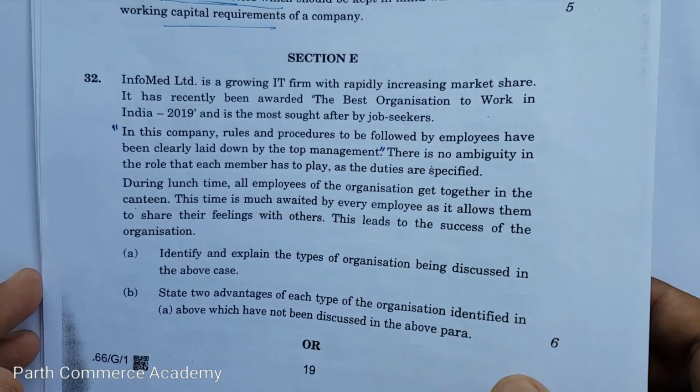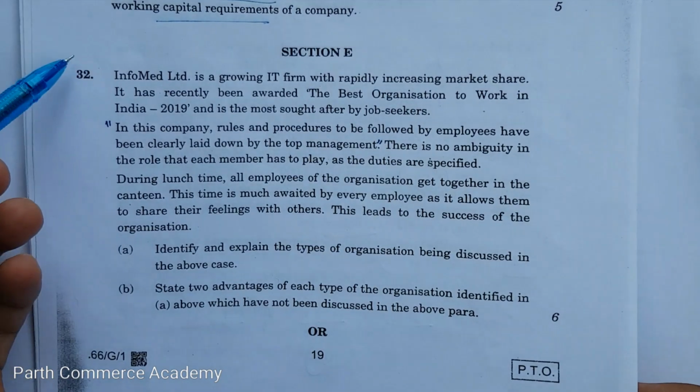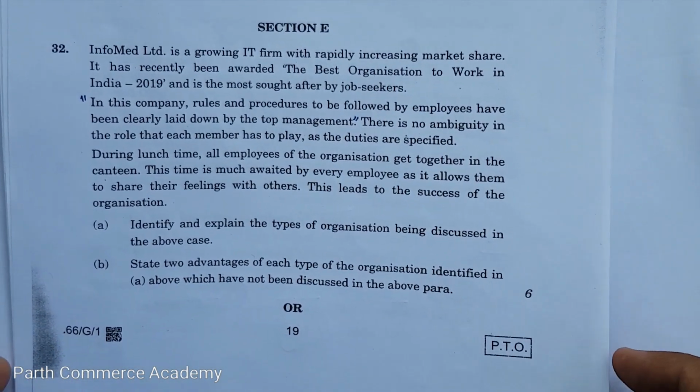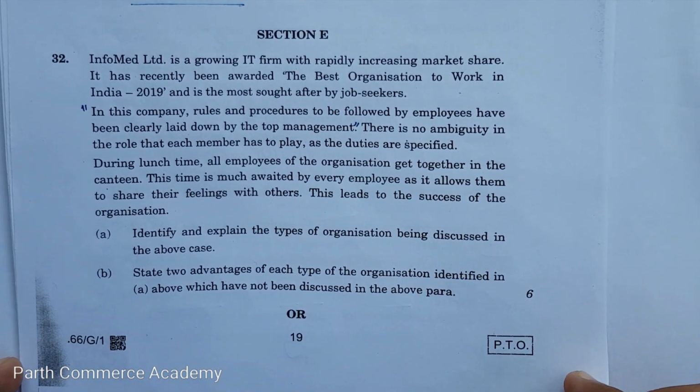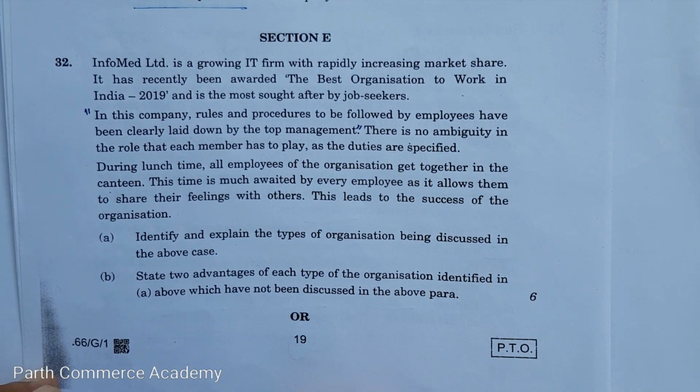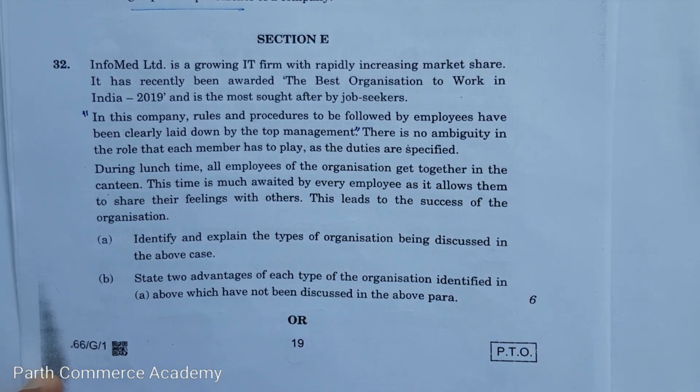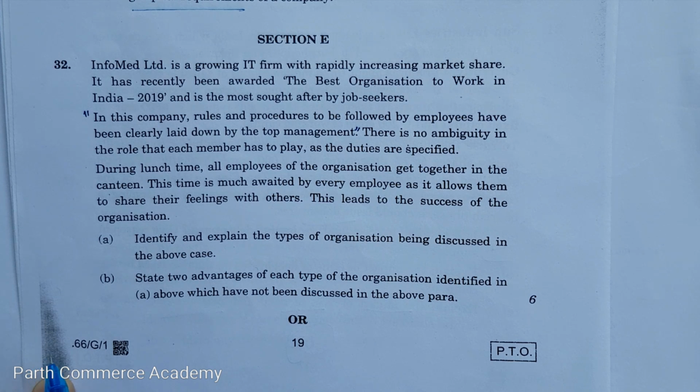We are on the last section E. Okay, the first question starts with a case study only, so let's see it. Infomed Limited is a growing IT firm with rapidly increasing market share. It has recently been awarded best organization to work in India 2019 and is most sought after by job seekers.